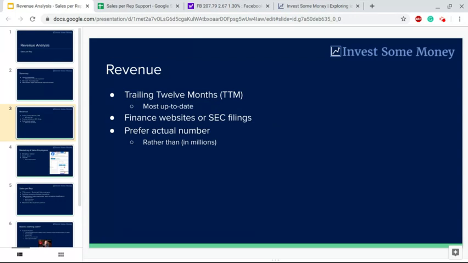So the first thing to gather, of course, when you want to look at sales per rep is revenue or sales. For my little example I made here, I used trailing 12 months of revenue, pulled that information from Yahoo Finance. You can also use the sum of the previous 4 quarters or whatever from SEC filings, that'll work too.